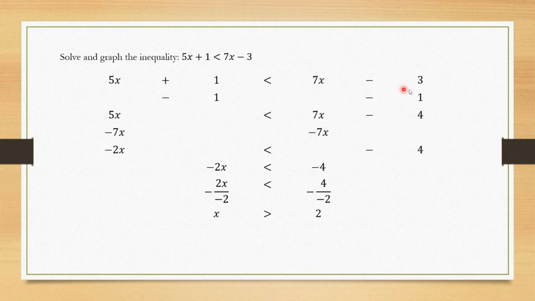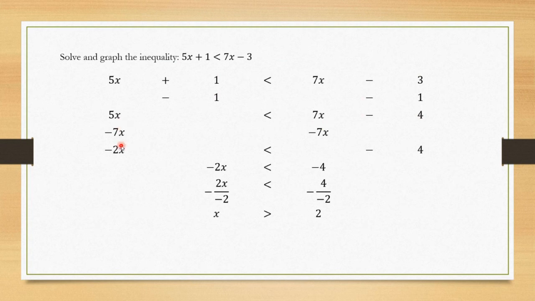So you don't have to go in this order necessarily, but what I did was I subtracted 1 from both sides, right? This 1 gets killed off. This -3 becomes -4. Then, again, I want x to be all alone, so I subtract 7x from both sides.